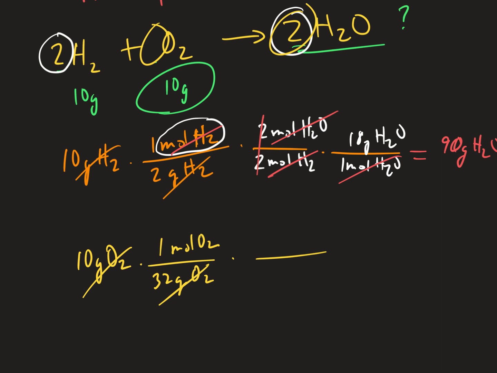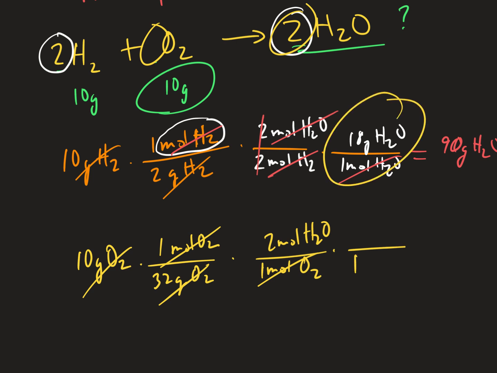Where does the one mole of oxygen go? Top or bottom? On bottom, so it cancels, right? 1 mole of oxygen gas to 2 moles of water. That goes away. And then we're just going to copy and paste this guy, right? 1 mole of water, 18 grams of water.